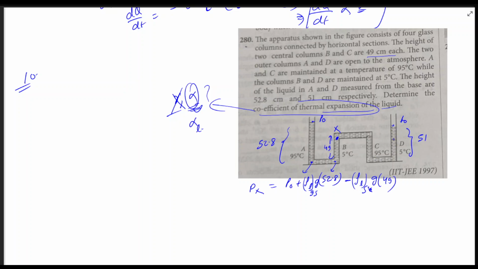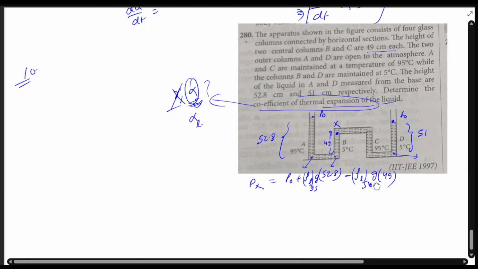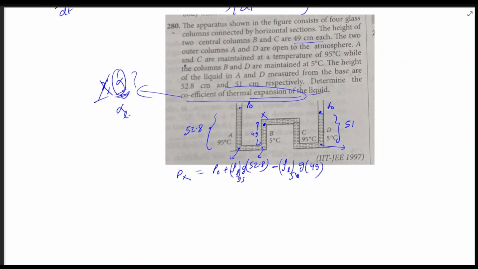Similarly, let's solve for this side. Here it will be P naught plus rho of liquid at 5 degrees, G into 51, and the pressure will be the same.